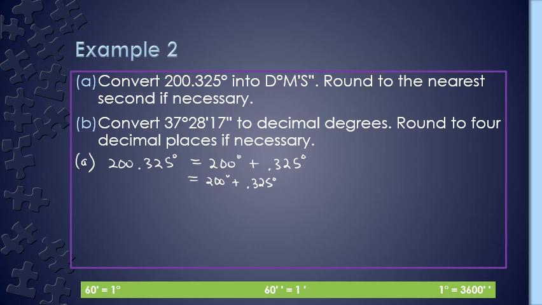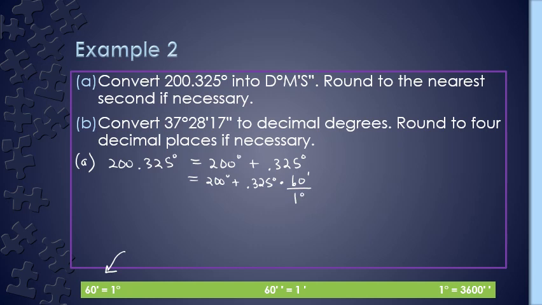And you'll notice that down here at the bottom I popped up in green are conversions. To convert degrees into minutes, I'm going to use this conversion, and I'm going to multiply this by 60 minutes on the top and 1 degree on the bottom.